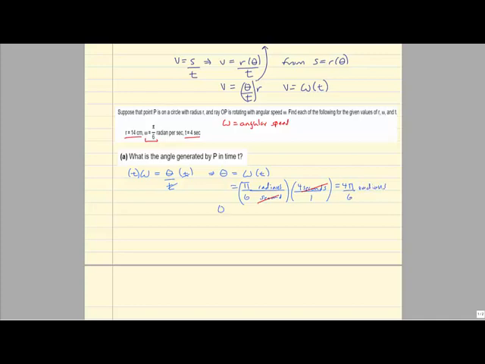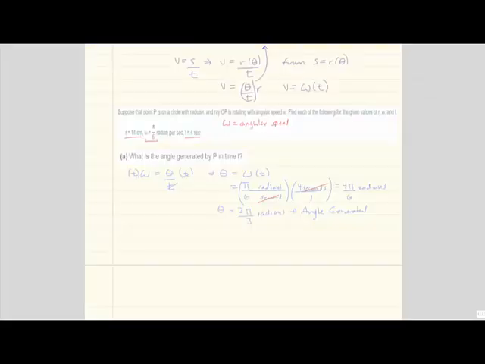So theta equals, reduced, 2 pi over 3 radians. This is the angle generated. Sometimes you have to look at the information provided in order to choose exactly the correct formula that we can use here.